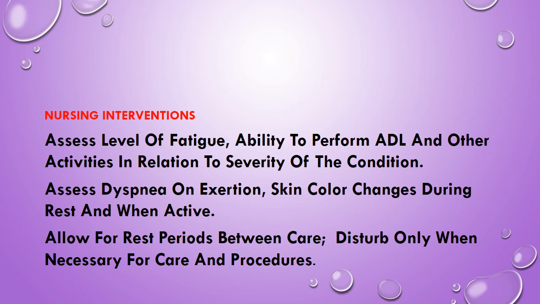Coming to the nursing intervention, here we should assess the level of fatigue, ability to perform activities of daily living and other activities. We should also assess the severity of dyspnea on exertion and any skin color changes, whether there is any sign of cyanosis, or whether the patient develops dyspnea even at rest or at the time of exertion.